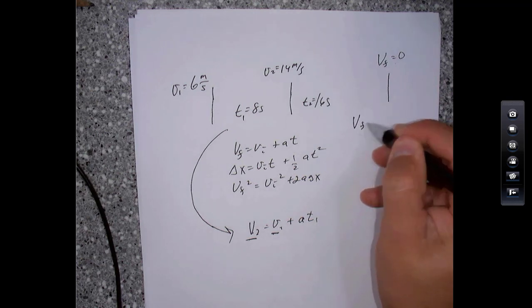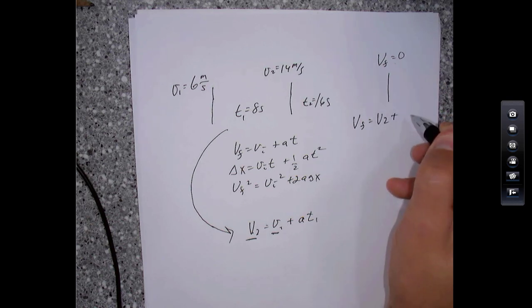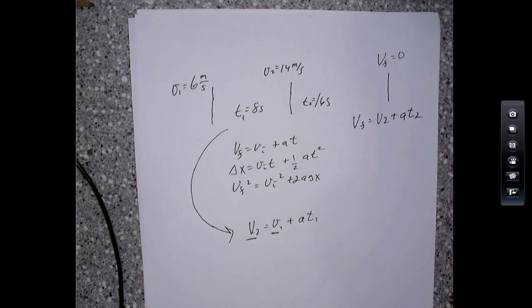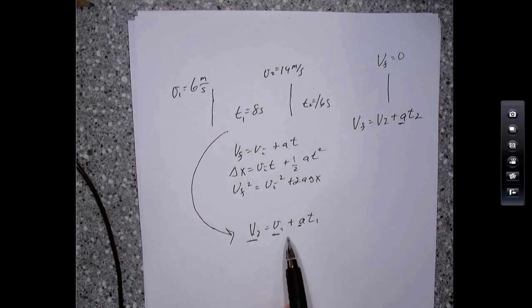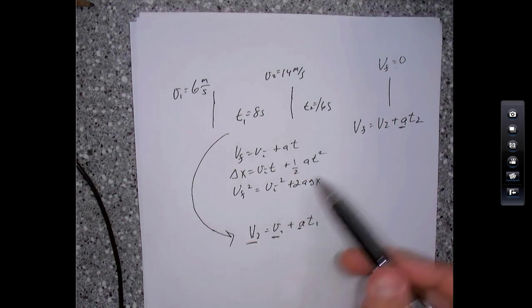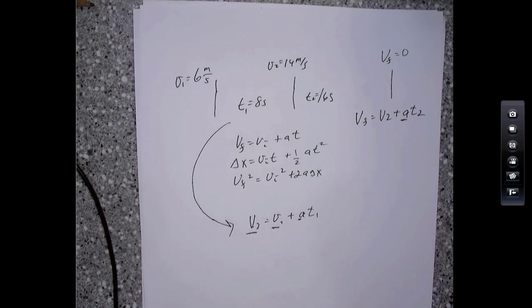The reason I want to do that is then over here I could say v final later is equal to earlier plus a times t2. And this a, they tell us, is the same as this a. So if I can figure out the acceleration from this part, I could use it over here to figure out that velocity. Lots of different ways of doing this problem, by the way. Maybe you've come up with a different way.